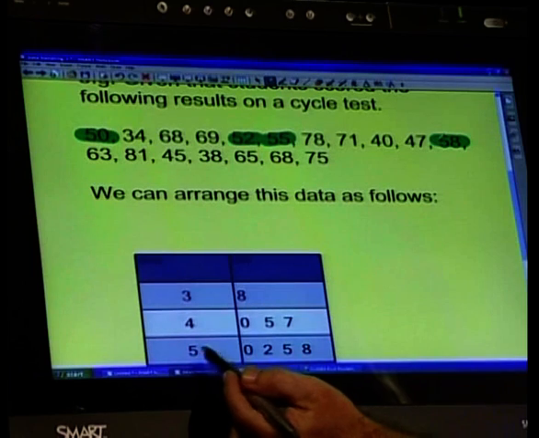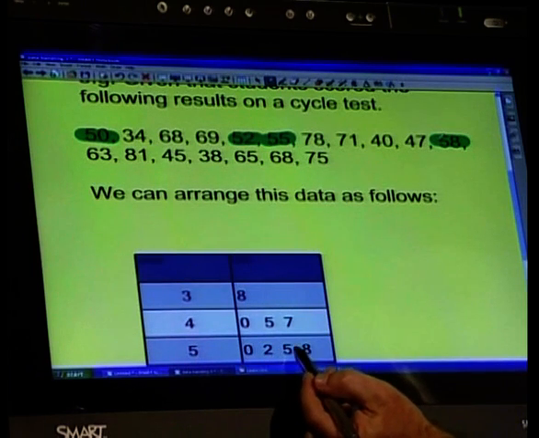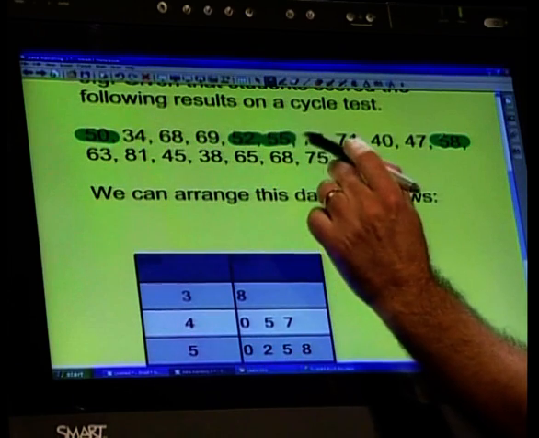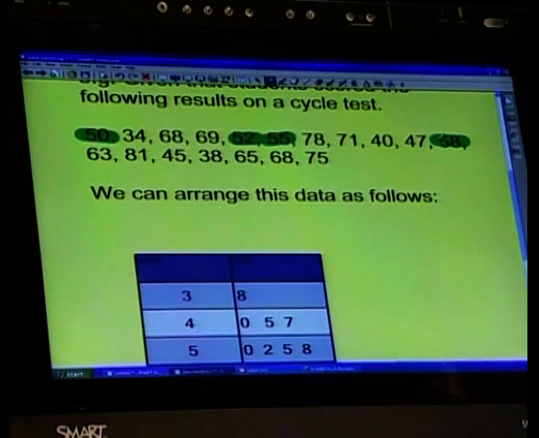There's 5, and we've got 0, 2, 5, and 8 as leaves. All 4 cycle test marks that were in their 50s are represented in this chart. We've done that for all the values that we were given.